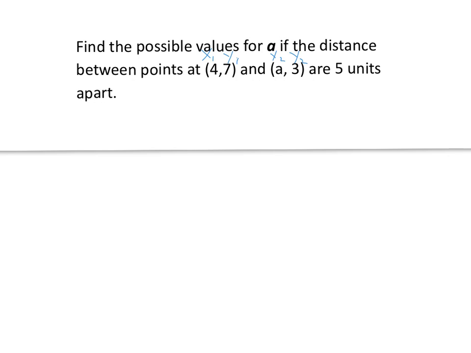So I will say the square root of x2 minus x1, which would be (a minus 4) quantity squared, plus y2 minus y1, the quantity squared, and that is equal to the distance, which here they've given us is 5 units. So let's simplify this here.